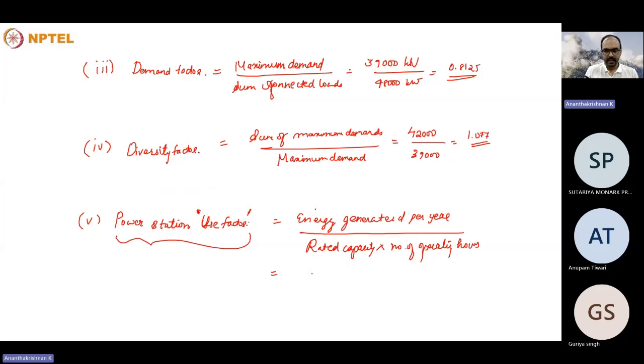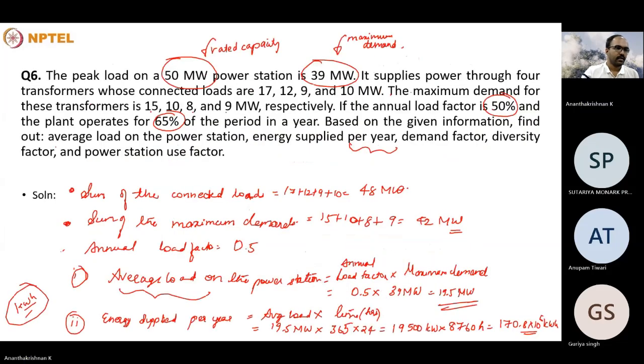So the energy generated per hour you have calculated in the first part of the problem. In the second part of the problem, energy supplied per year, so that is 170.82 × 10^6. The rated capacity is 50,000 kilowatt, and the total number of hours per year 8,760 multiplied by the operation factor, operation time, that is 65%.